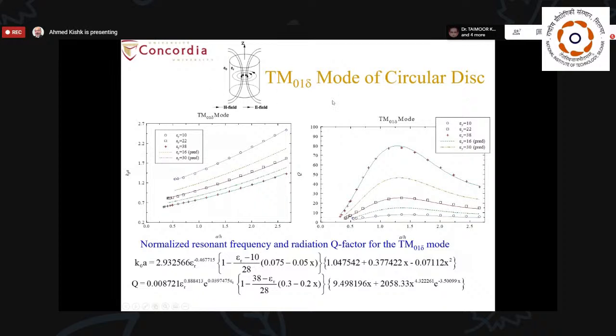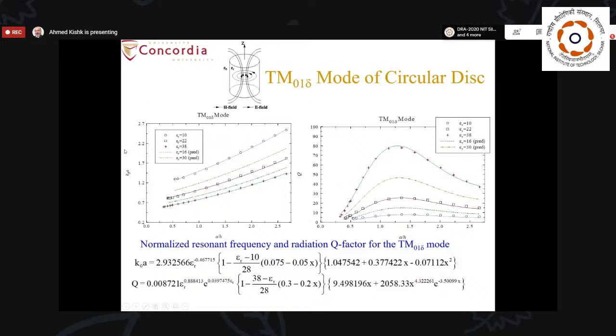Also, in order to understand the characteristics of the dielectric resonator, people started by analyzing the cylindrical shape and tried to see what the available modes are and what the parameters are that control its resonant frequency and so on.